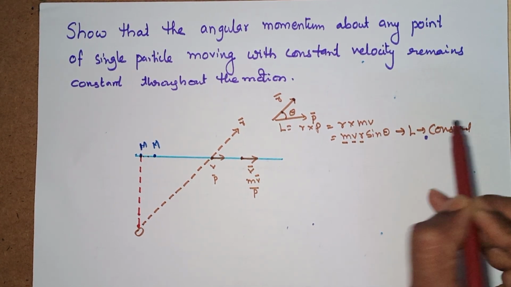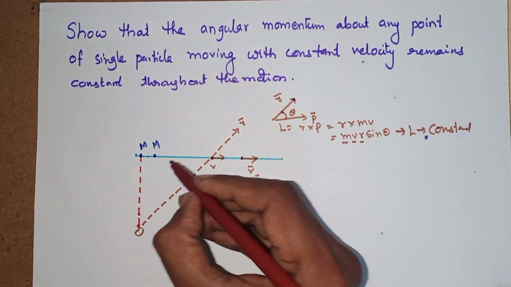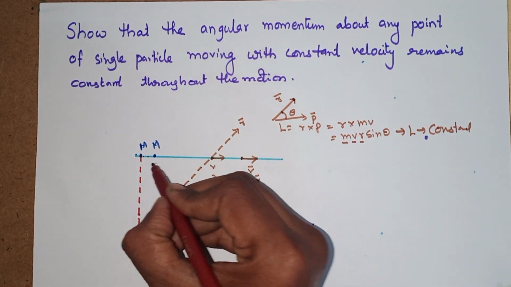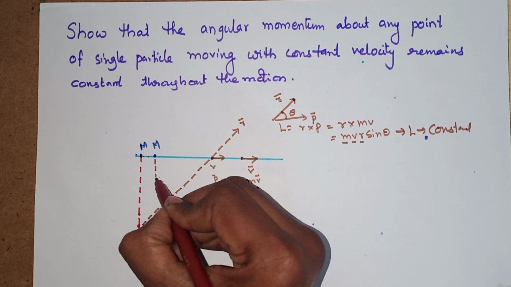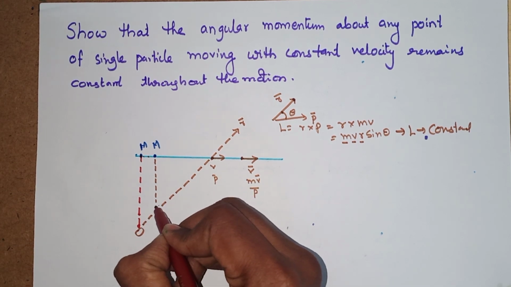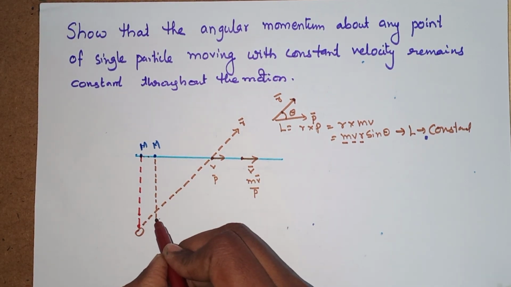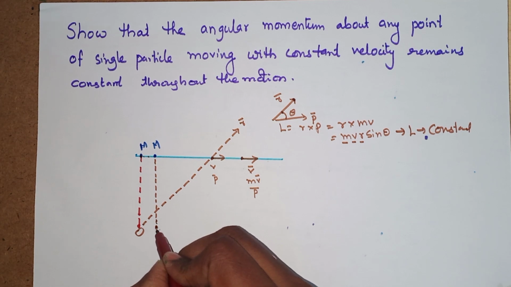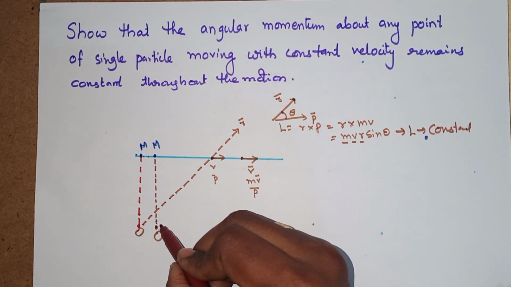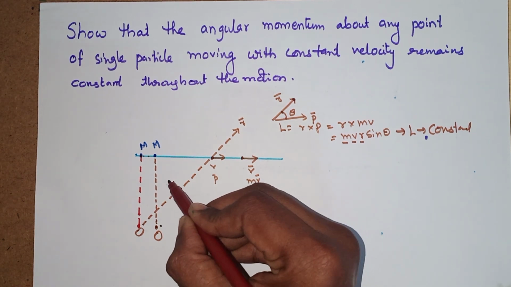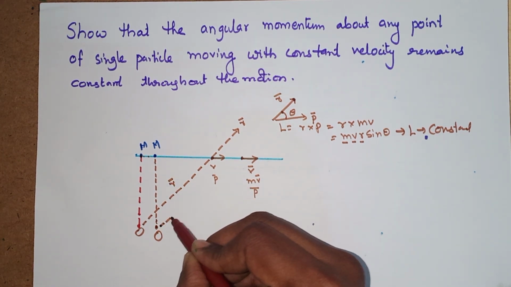Choose another location which is moving forward here. This is O. Now how to write here? This is another r vector, right? Now the same, you draw it.